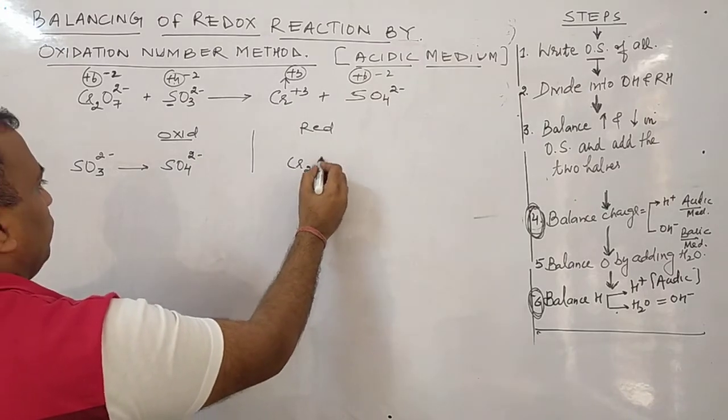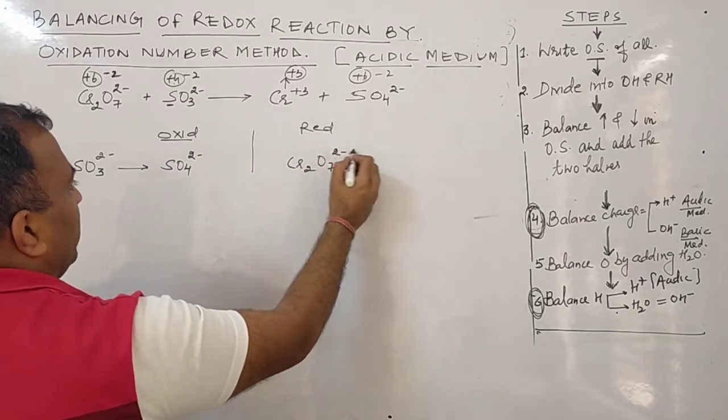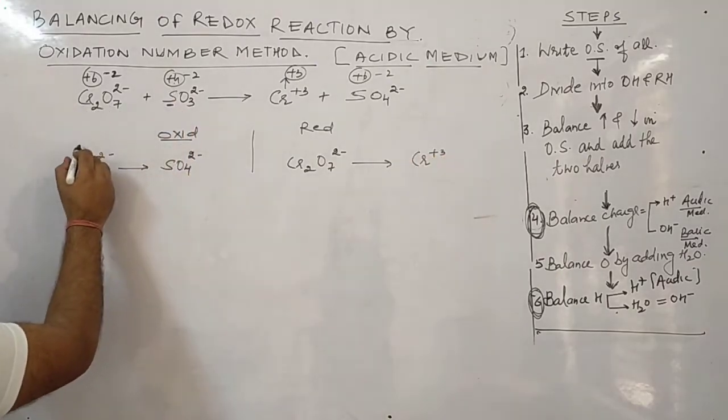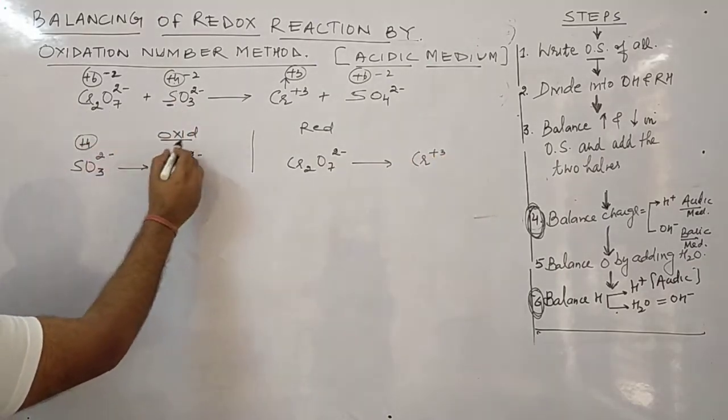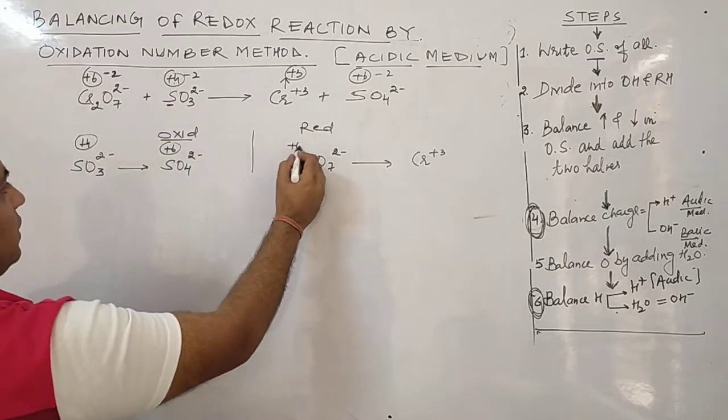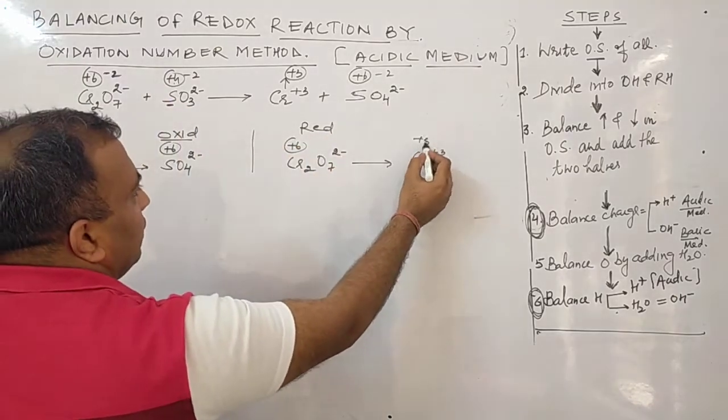So Cr2O7 2 negative to Cr+3. Note down their states. Here it is +4. Here it is +6, here it is +6, and here it is +3.